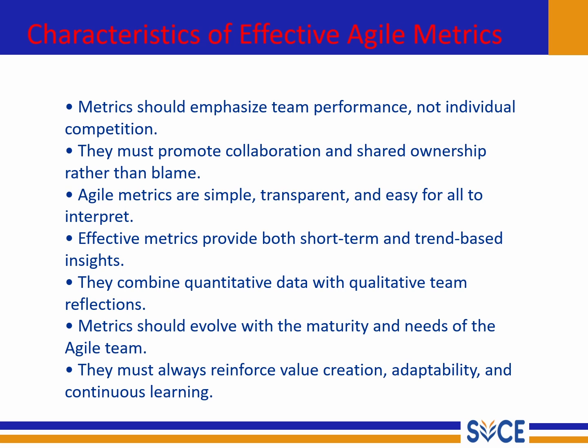Effective metrics provide both short-term and trend-based insight. They combine quantitative data with qualitative team reflections. Metrics should evolve with the maturity and needs of the Agile team. They must always reinforce value creation, adaptability, and continuous learning.